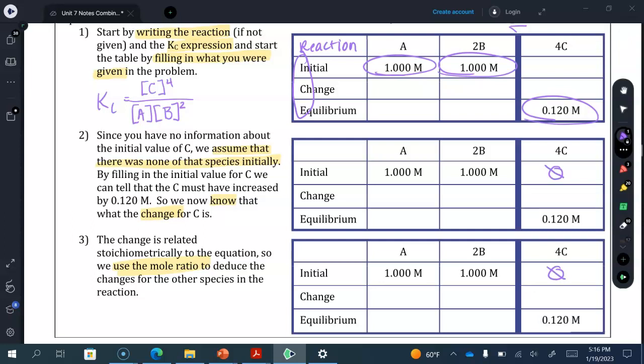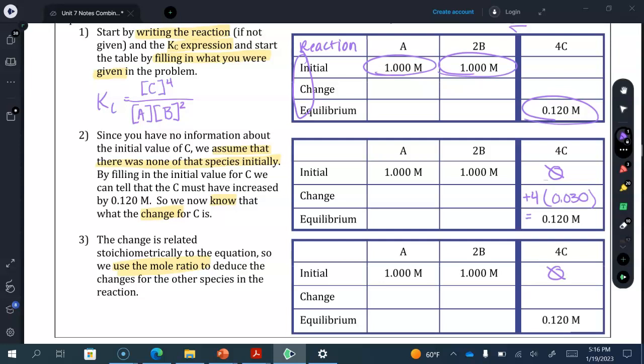By filling in the initial value, we know how much it is changing. But it's always going to change by its stoichiometric ratio. So 4 goes into 0.12 0.030 times, so that when I add 0 and the change value, it equals my equilibrium.